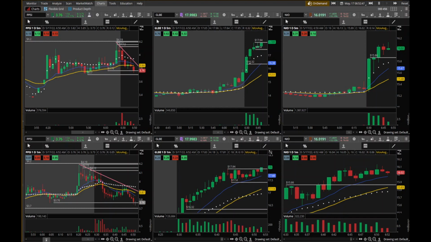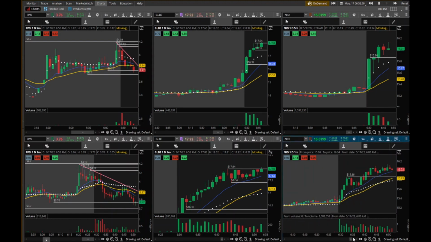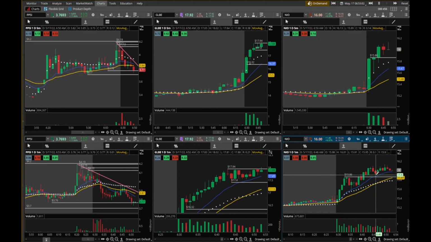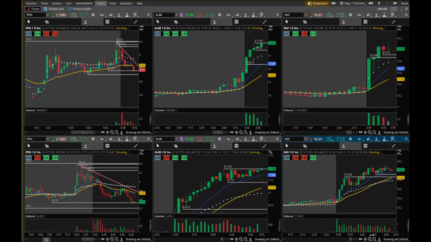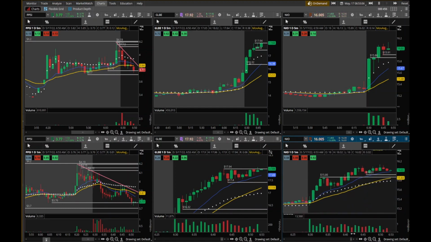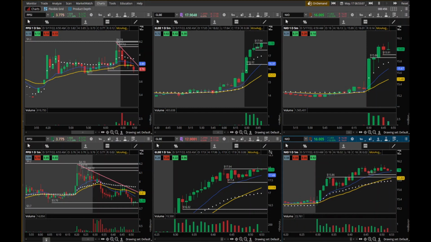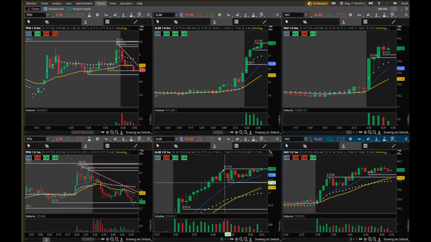If GLBE can pull... There it goes, breaking through. I was going to say if it could pull back one more time and let me get in. Now, is it going to be a breakout and then a drop back down? This is really kind of a flat top breakout.